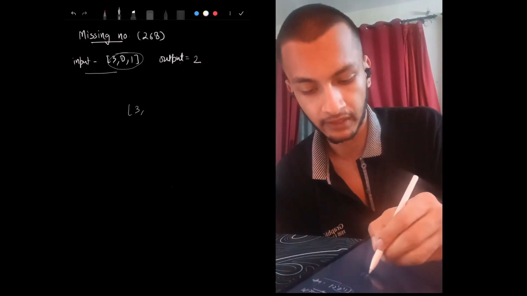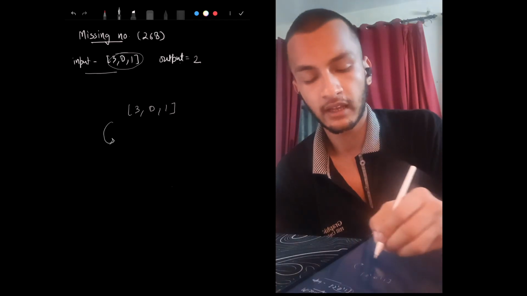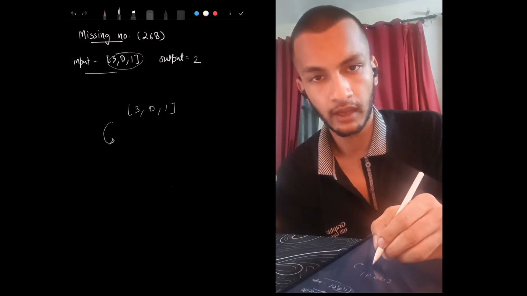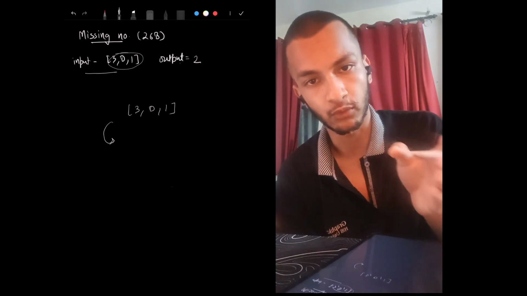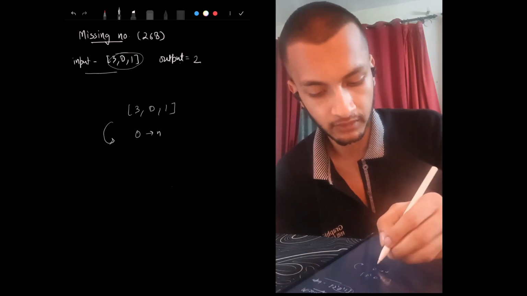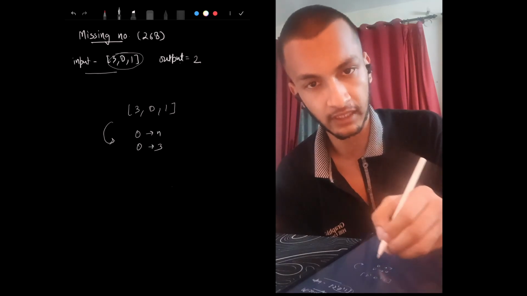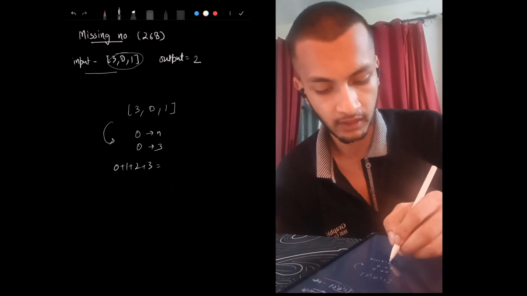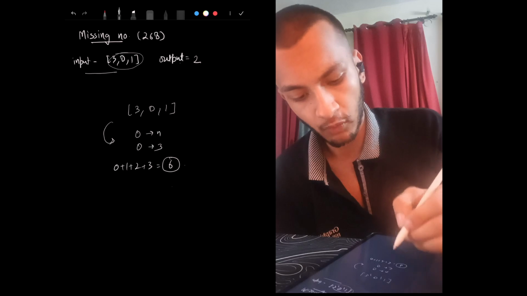First of all, I'll find the sum of the elements ranging from 0 to n. 0 to n in this case means 0 to 3. So what will be the sum of all these elements from 0 to 3? 0 plus 1 plus 2 plus 3. How much is it? 3 plus 2, 5, 5 plus 1, 6. Okay, we got 6.